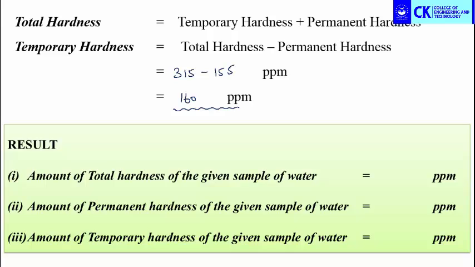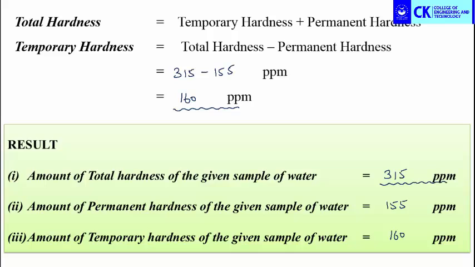So we have to write these three values in the result. From that we can identify the individual hardness: total, permanent and temporary. The total hardness of the given sample is 315 ppm. The permanent hardness we calculated is 155 ppm. So the temporary hardness we obtained is 160 ppm.